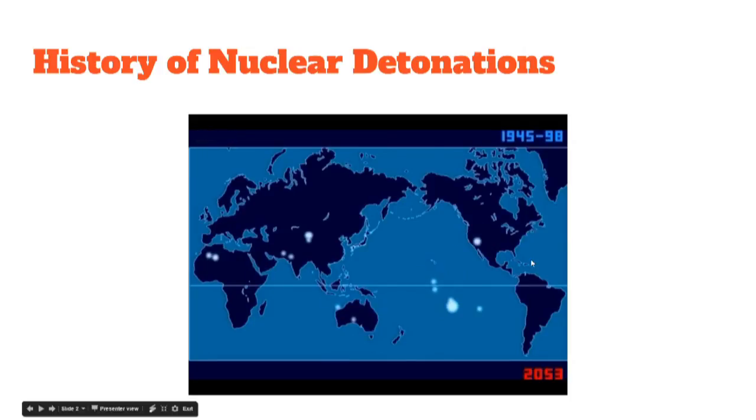So you can see the UK has their bombs in Australia and United States and South Pacific. Here's the Soviet Union's 715 nuclear detonations. It's like a fireworks show. Pretty crazy, all over the place. And then the United States detonated just over 1,000 bombs.